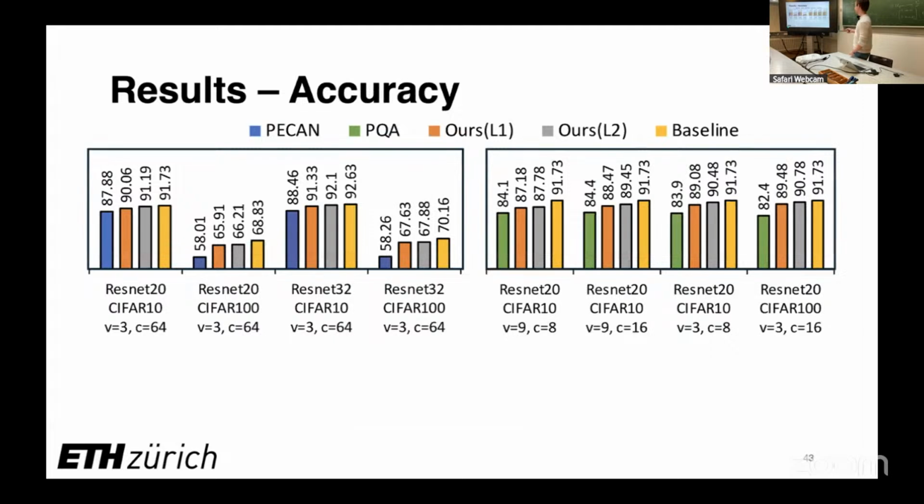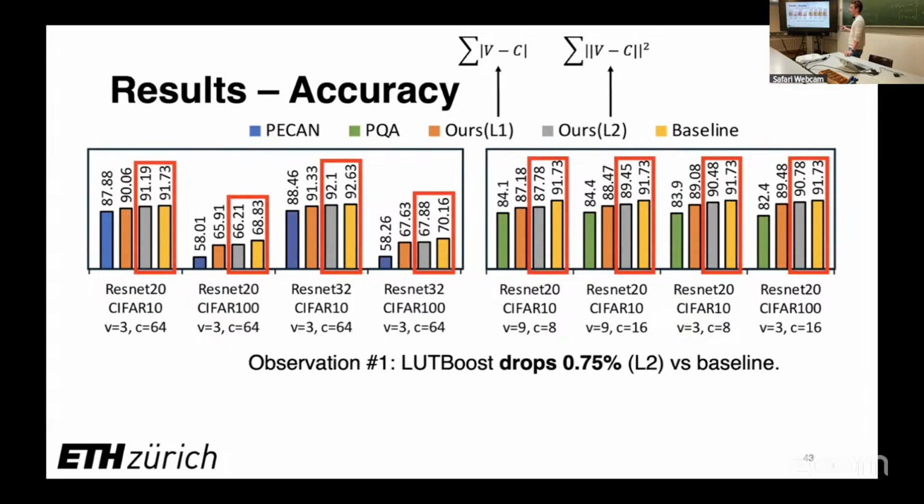Then for accuracy, here we need to look at the orange and gray. Orange is their loss after conversion with L1 difference, and L2 is in gray, and they compare it to baseline. And then PCAN and PQA are previous ways of converting a model to a lookup table-based model. This is just a reminder of the losses. And there are 3 observations that we can make.